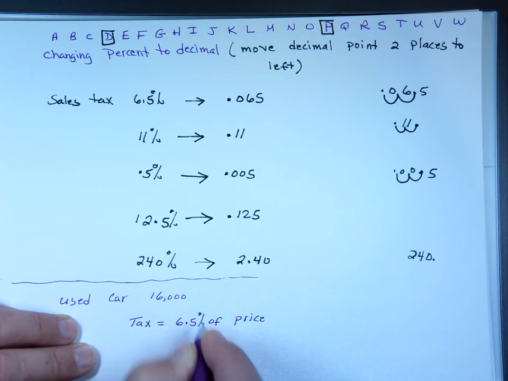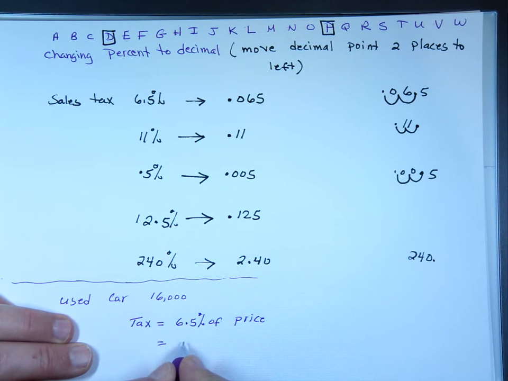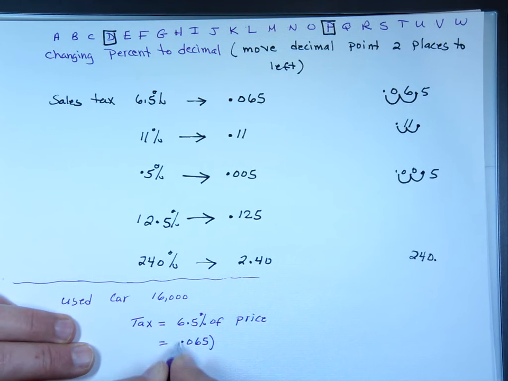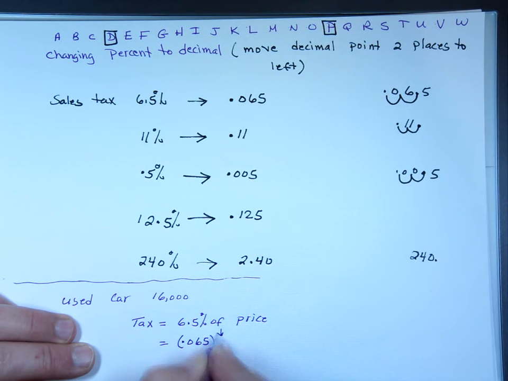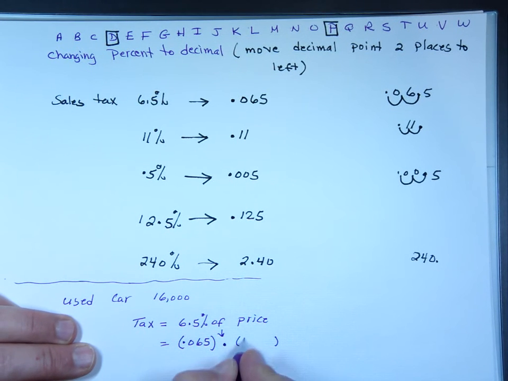6.5% of the price of the car. Well, 6.5 as a decimal number, 0.065, of always means what in math? Multiply, and this is the price of the car. What was the price of the car? 16,000.